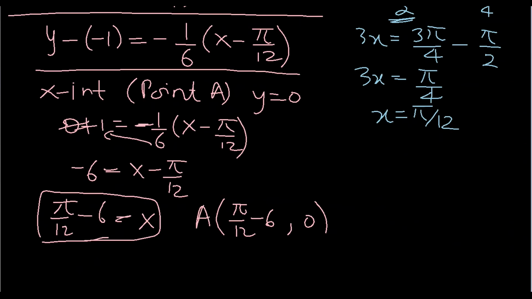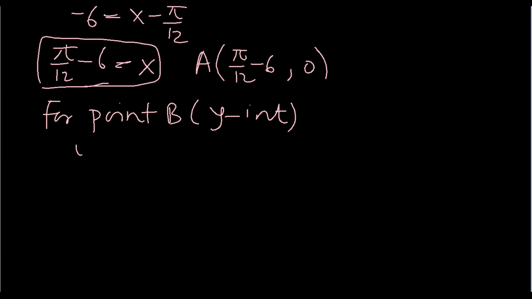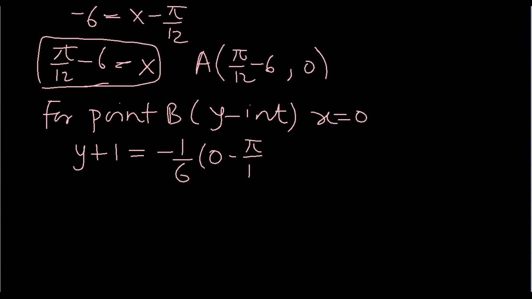So the equation was y plus 1 equal to minus 1 over 6 times 0 minus pi over 12. Okay, so y equals minus 1/6 times this, which will be positive pi over 72, and minus 1.